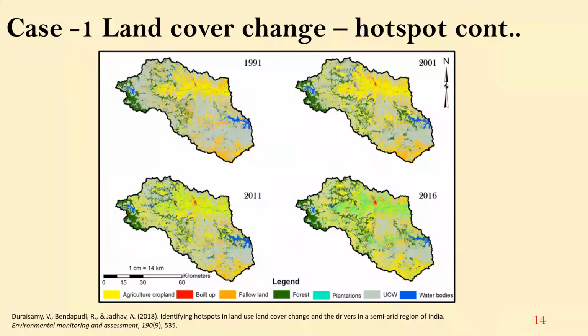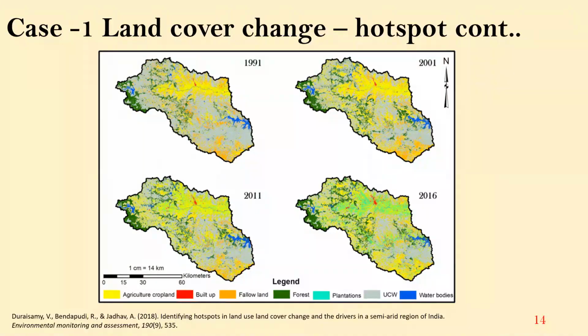As I said already, the remote sensing satellite is continuously collecting this information. For this study, we used satellite data from 1991 to 2016 with a decadal gap. The years selected are 1991, 2001, 2011, and the recent year 2016.